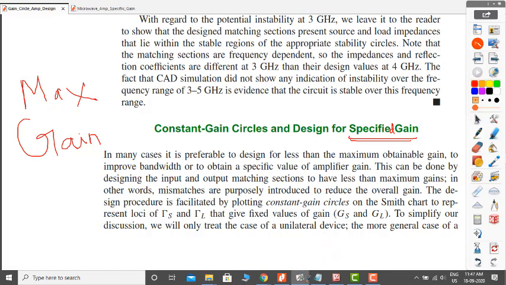As we discussed in the last class, the gain is decided by three sections in the amplifier.